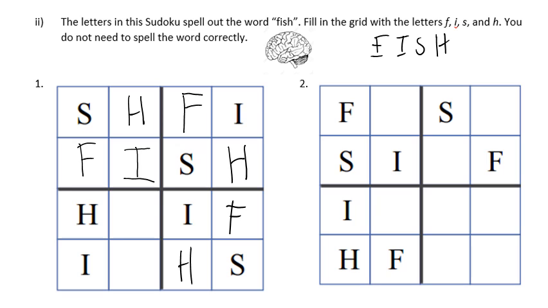Here I'm missing an F and an S. So my S belongs here and my F belongs here. So let's look at it. F, I, S, H, F, I, S, H. All right, so I've spelled fish. Well, I didn't spell fish, but I've used the letters in fish to fill out my Sudoku grid.